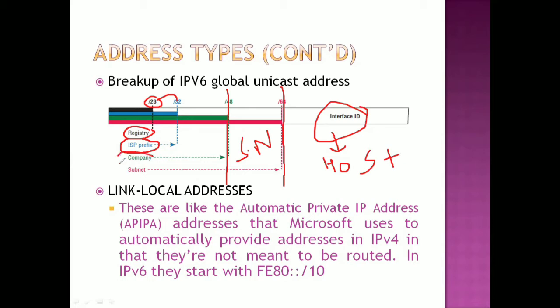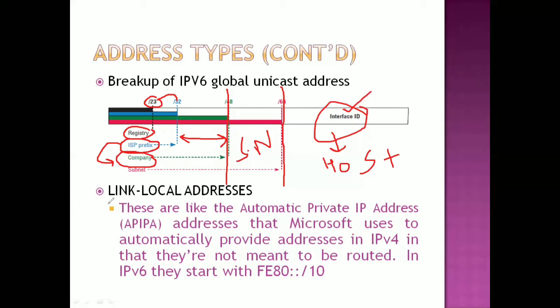Now the ISP will be lending this public IP address to a company, and this company will introduce its own field in the portion from 32 till 48. Then the company will decide the subnet from 48 to 64, and then the company will be assigning the IP addresses to its hosts in the interface ID portion. So this is the way the IPv6 public address, or the global unicast address, is divided.